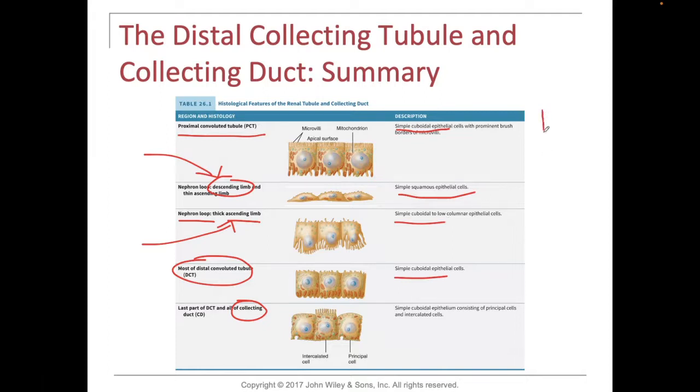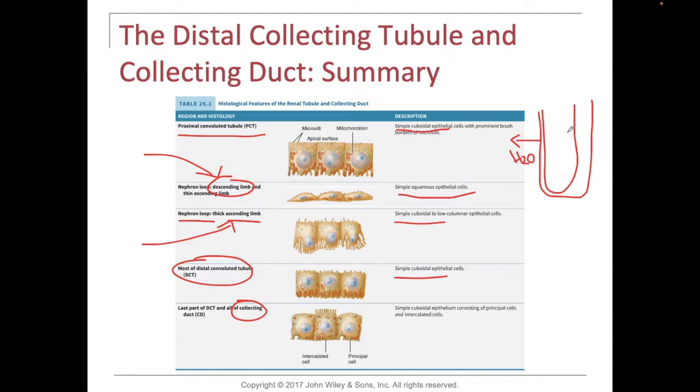So, the descending limb and the ascending limb are different thicknesses. Okay, and that's going to allow for the diffusion of things to pass through. So through this area that's a lot thinner, we're going to have water pass through much more easily.